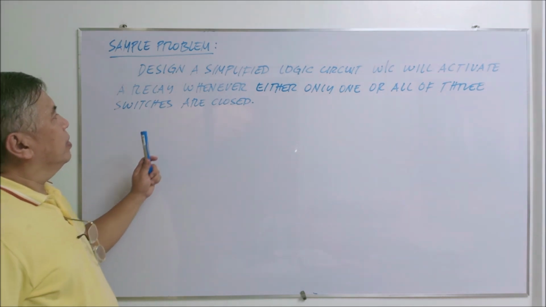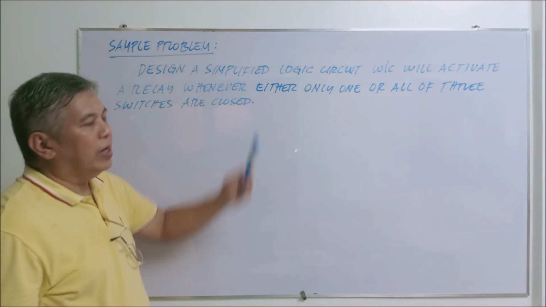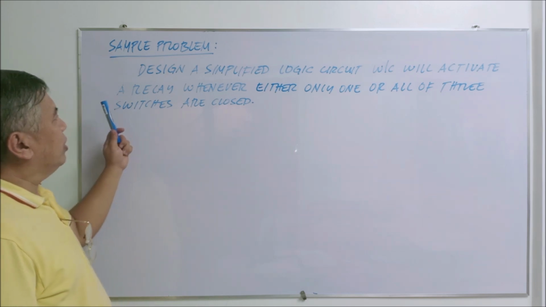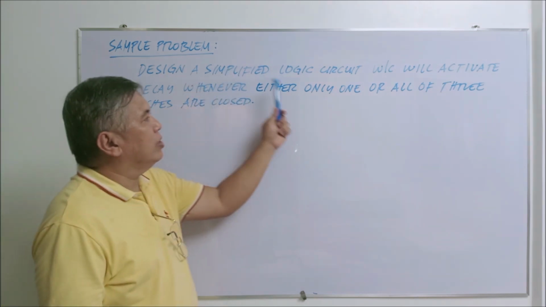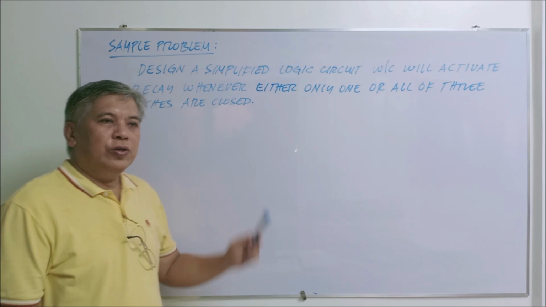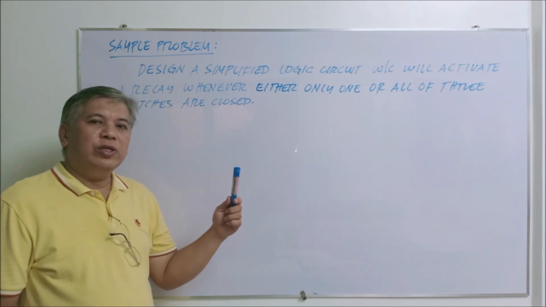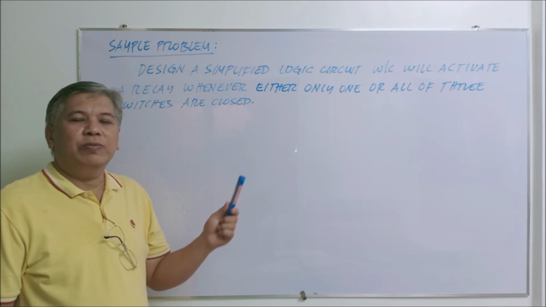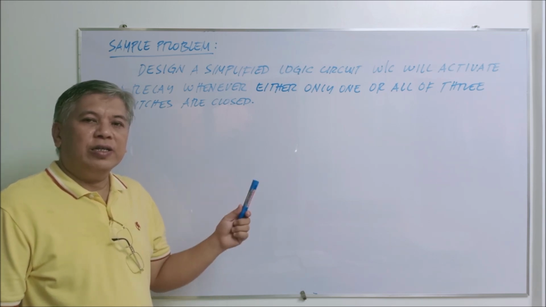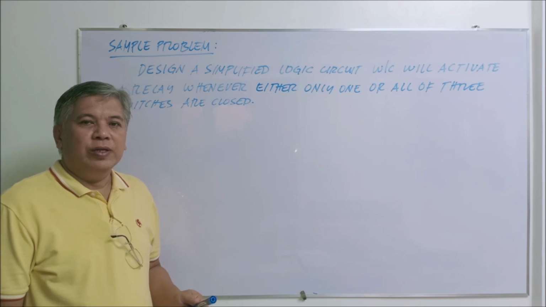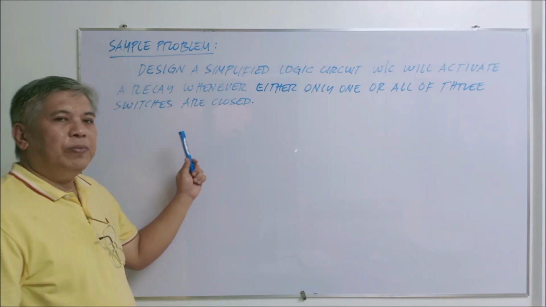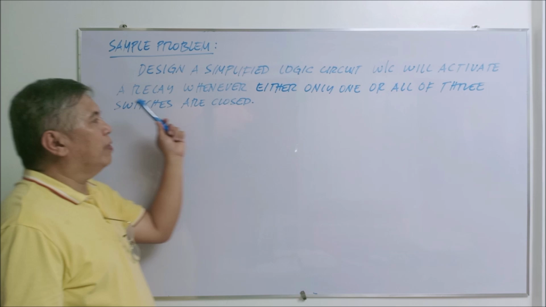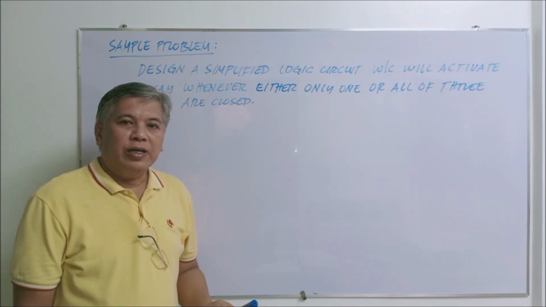Now, this time, I added the word simplified, so what we are required here is a simplified logical circuit. The equation that we derived during our previous discussion was not yet simplified. Using K-map, we will be able to simplify that particular equation.